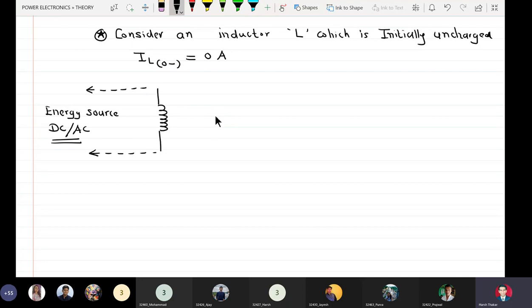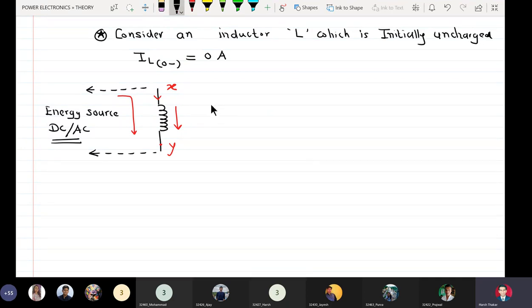Assume that when this inductor L is connected to the energy source, the current flowing through the inductor was from top to bottom, or from node X of the inductor to node Y of the inductor.